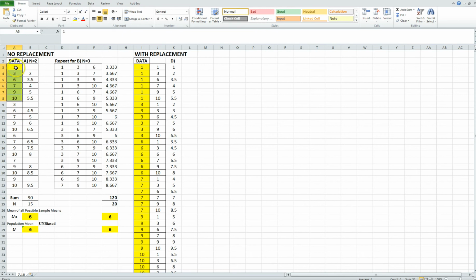You have to calculate the average for each of these. What I did was the summations vertically and calculated the average for each of them all in one shot. You see 1 plus 3 divided by 2 equals 2.